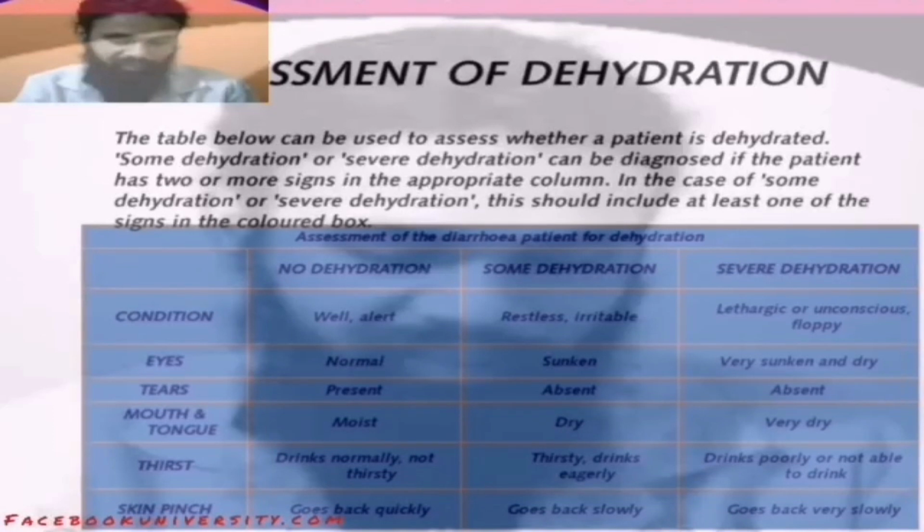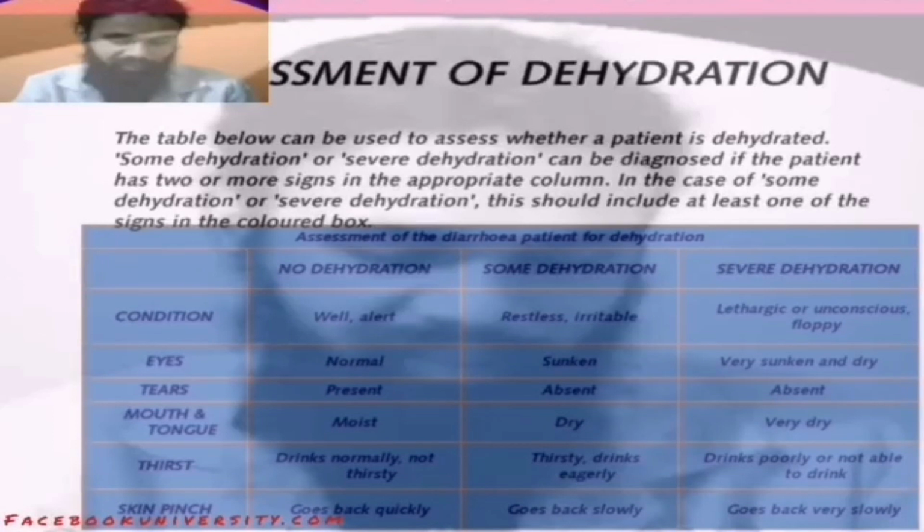Assessment of the diarrhea patient for dehydration. Condition: in no dehydration, the patient is well and alert. In some dehydration, the patient will feel restless and irritable. In severe dehydration, the patient is lethargic or even unconscious, and floppy.